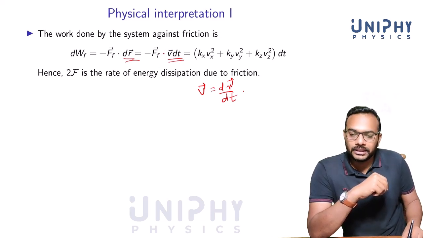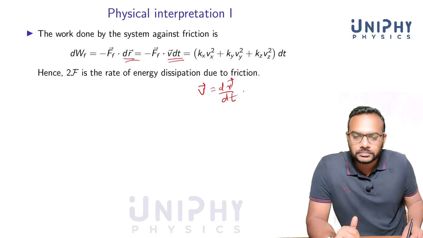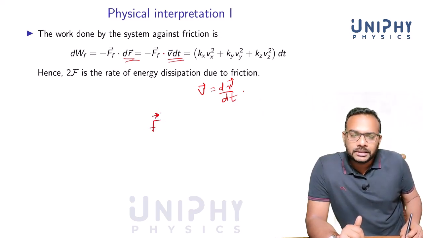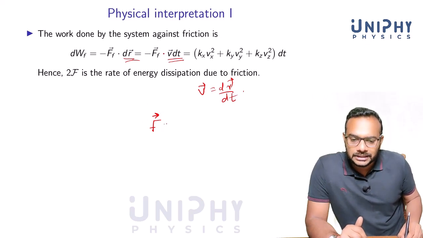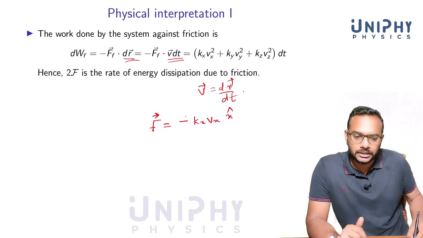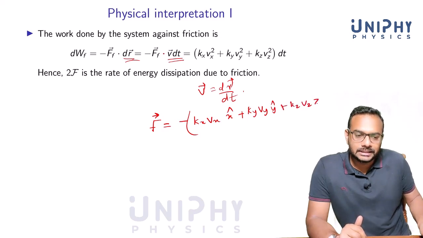So what do we get? What is this f vector? We said that we can write it in this form. F vector has components: minus kx vx x cap, plus minus ky vy y cap, plus minus kz vz z cap.